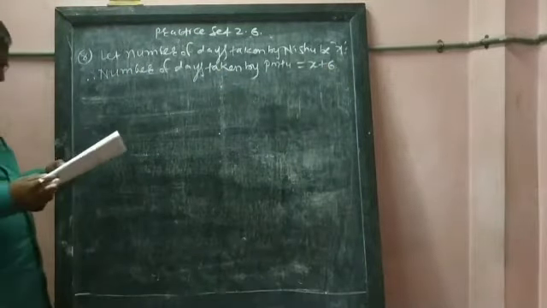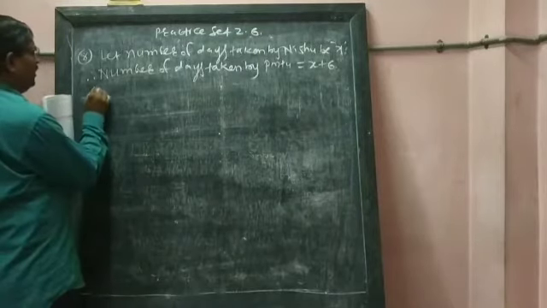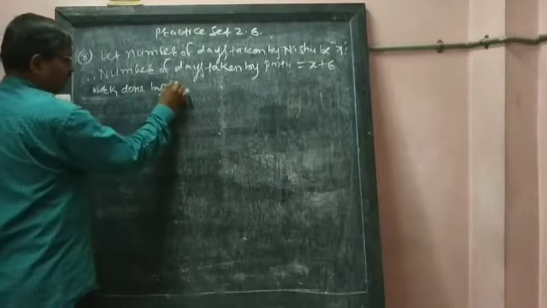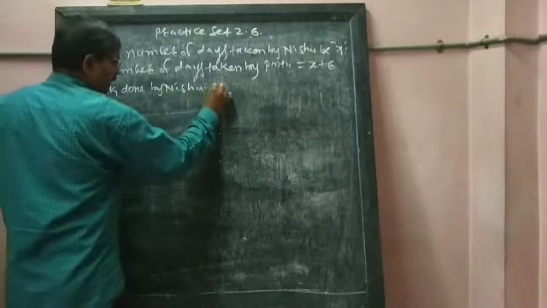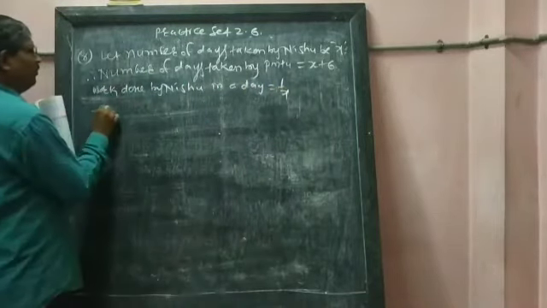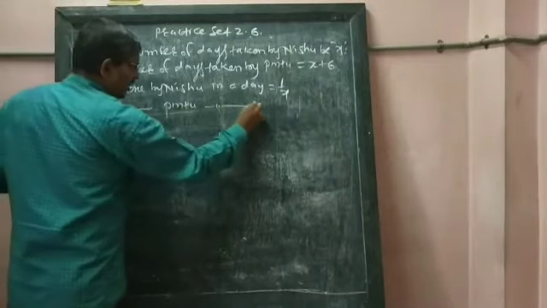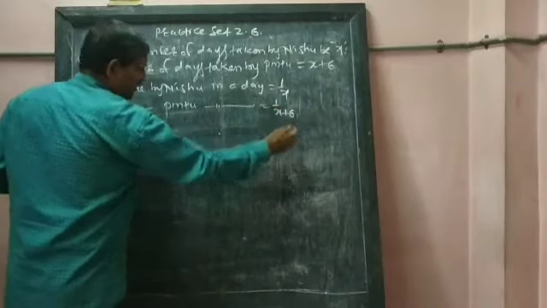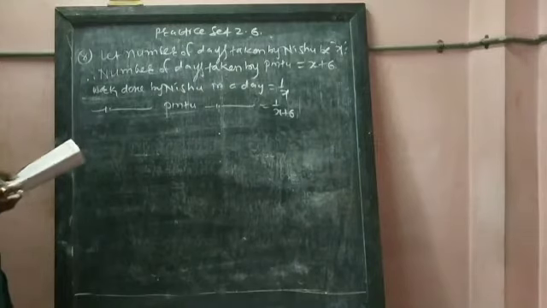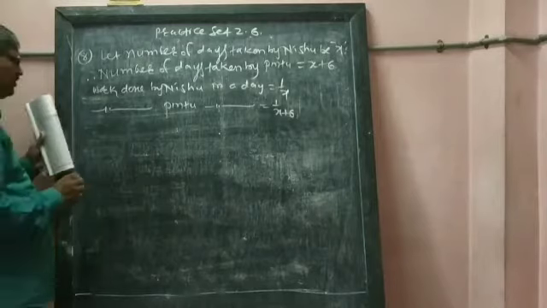Then the work done separately: work done by Nishu in a day is 1 upon x. Work done by Pintu in a day is equal to 1 upon x plus 6. If they both do it together, what will happen? If they both do it together, they need 4 days.